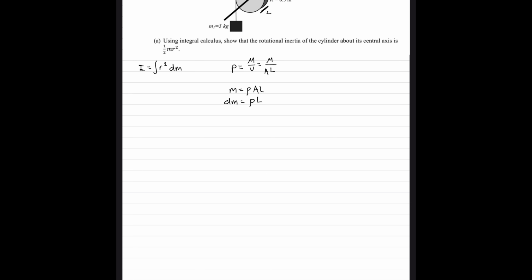But the only thing changing is the area, because we're trying to find the area of the cylinder using multiple thin rings. So we have a thin ring right here, then we just keep overlapping a bunch of thin rings until we get the solid cylinder.